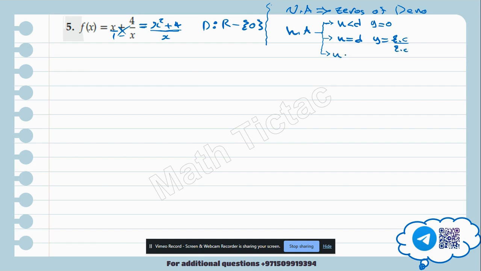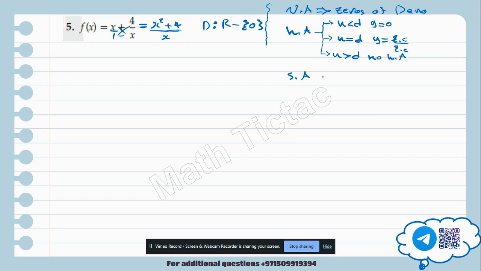If the degree of the numerator is greater than the degree of the denominator, then you have no horizontal asymptote.